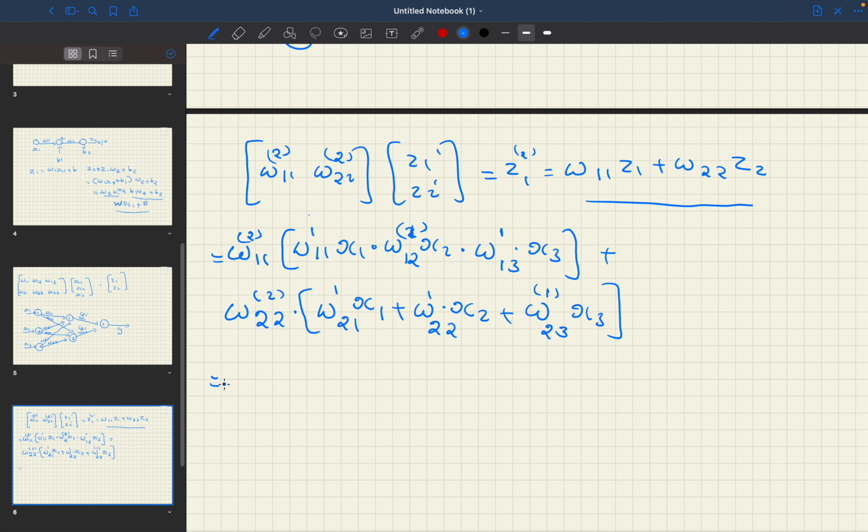Now just expand this. Here we know that W11 layer 2 into W11 layer 1, right?